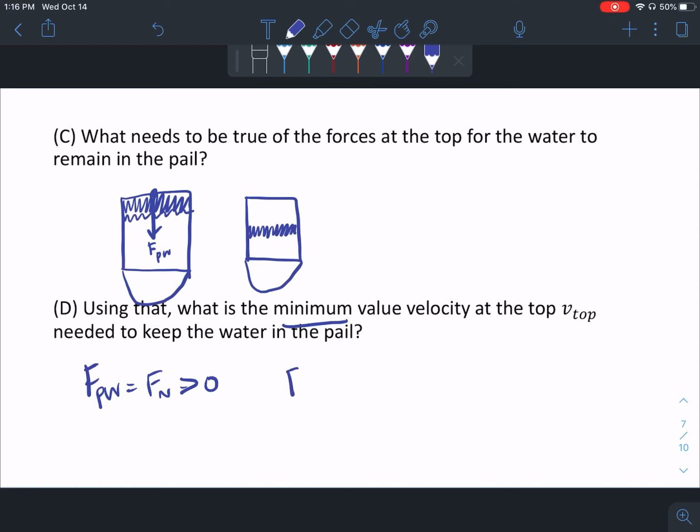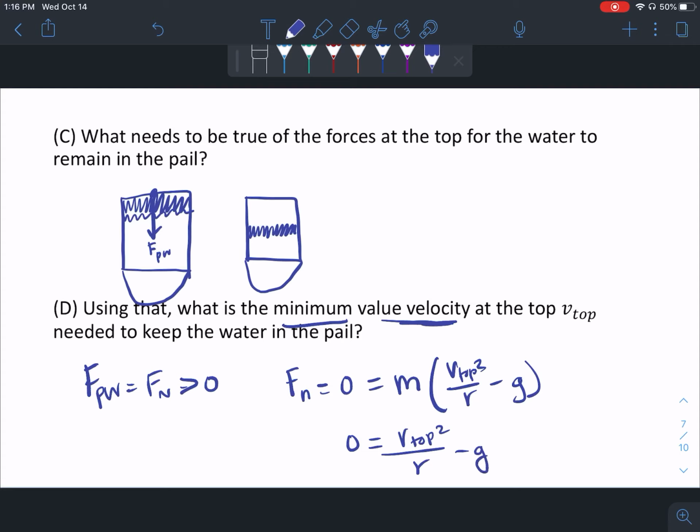So therefore, to solve this, we're going to say the force normal equals 0, which on the other slide we saw was m v at the top squared over r minus g. We can solve this out because we're asking for the velocity. We're trying to find the v top. So I'm going to divide both sides by m. That gives me 0 equals v at the top squared over r minus g.